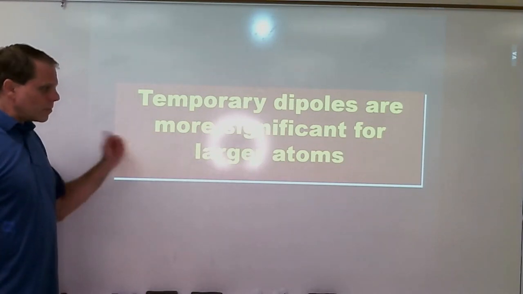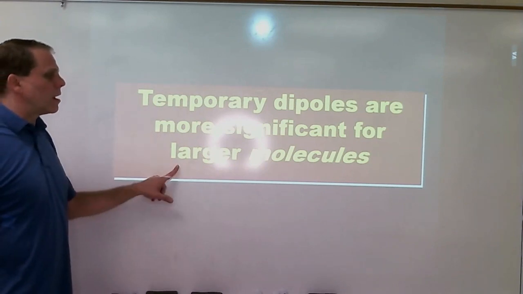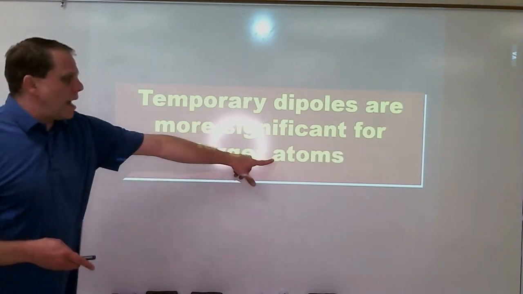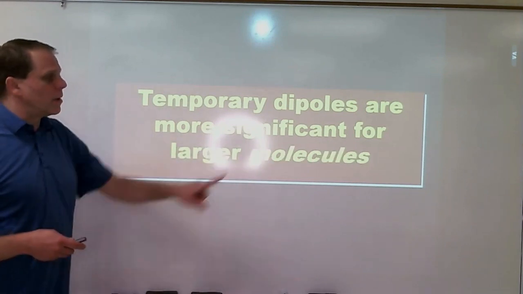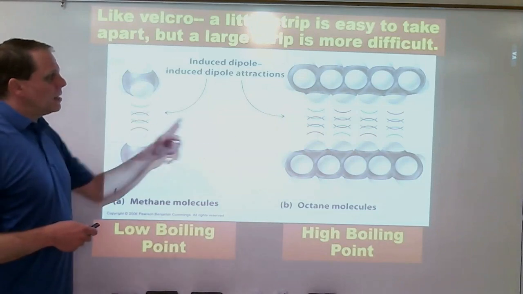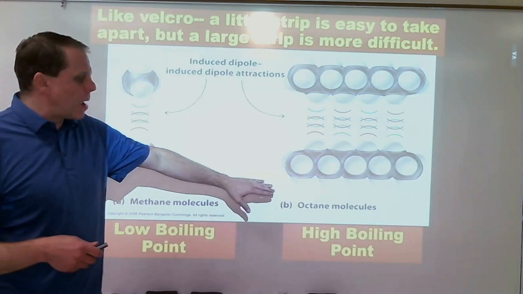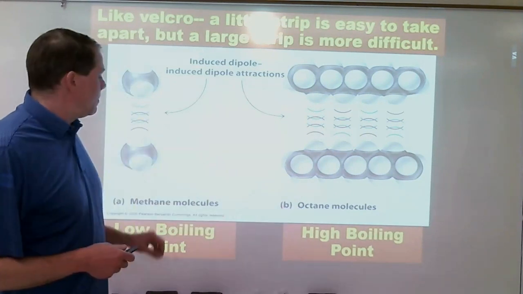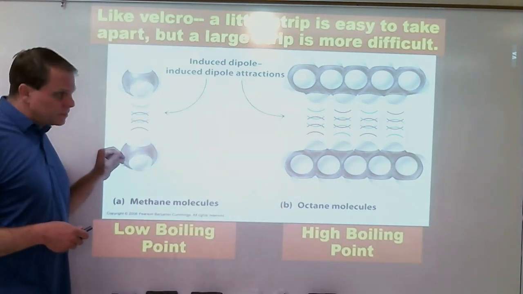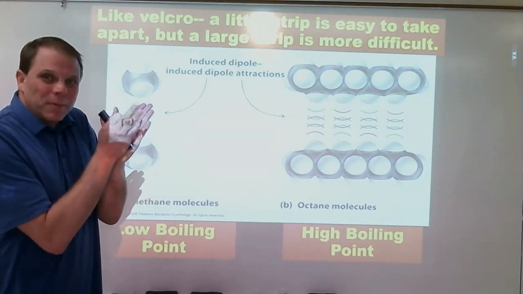All right, so we now know that temporary dipoles are more significant for larger atoms, but they're also significant for larger molecules. And here's something cool. When you think about gasoline, octane, okay, that's a big primary component of gasoline, versus methane. It's kind of like a little Velcro strip.